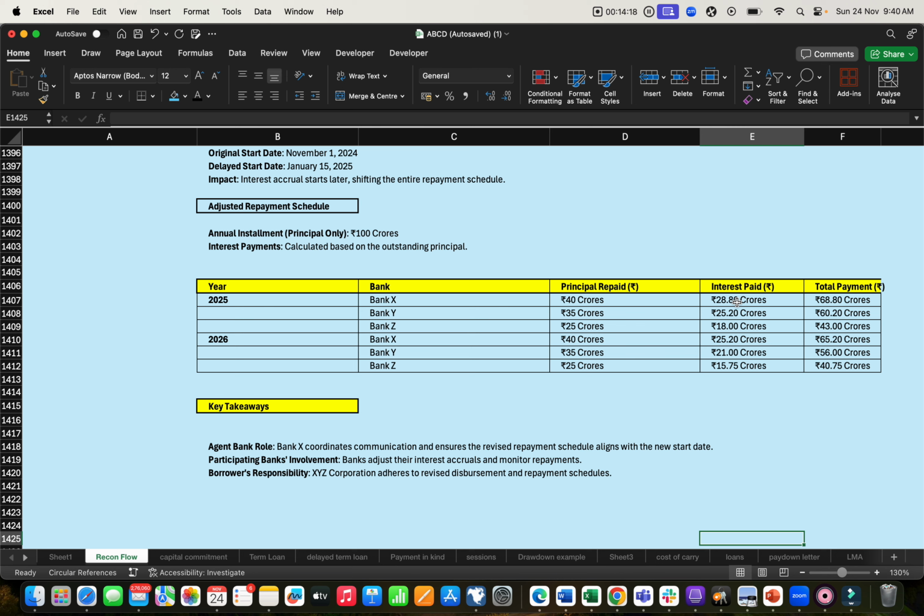Participating banks adjust their interest accrual and monitor repayment as well. Borrower responsibility: XYZ Corporation adheres to the revised disbursement and repayment schedule. So the new schedule has been decided as per the delay, and from January 15 the new sheet will be released for the interest and paydown, showing how it gets paid.